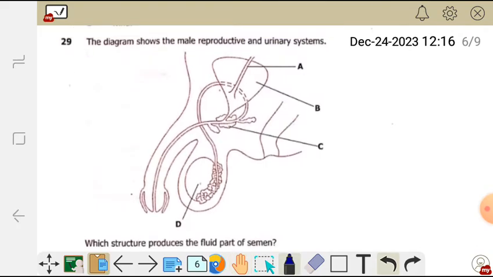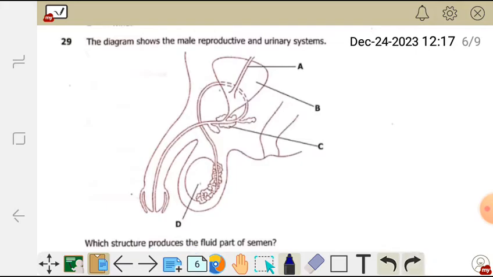Question 29. The diagram shows the male reproductive and urinary systems. Which structure produces the fluid part of semen?